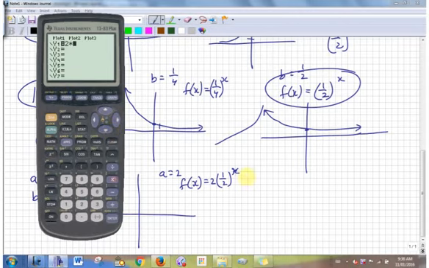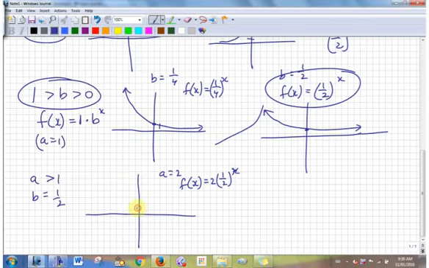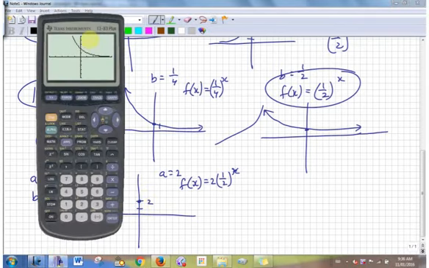Looks similar to this, but what do you notice? You see that y-intercept?